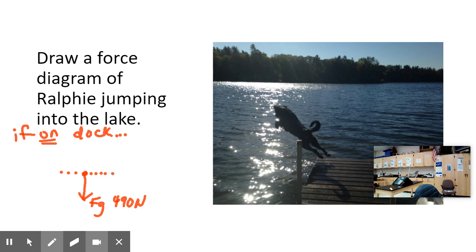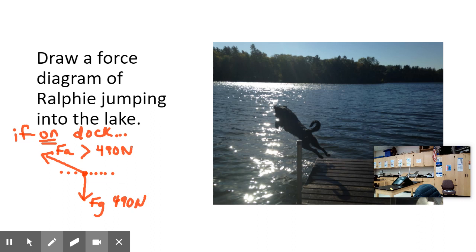Yeah, to the left. Was it kind of at an angle too? So we can go here. We can go FA. No idea what the number is, but I can say it is bigger than 490, because they had to push more than his weight to move. That would be it there.